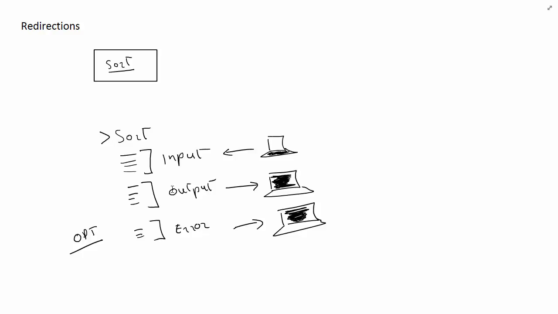So this is a very nice way to introduce the concept of standard input, standard output, and standard error. So what are those things? These are file descriptors, and you are going to learn much more about file descriptors when you take the operating system class, but for now, I'm going to represent them this way.